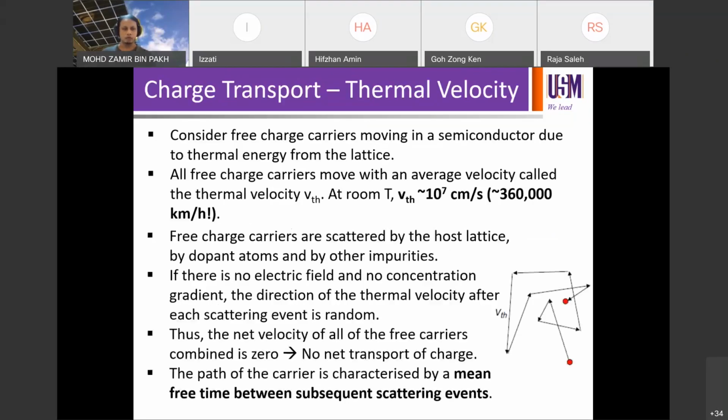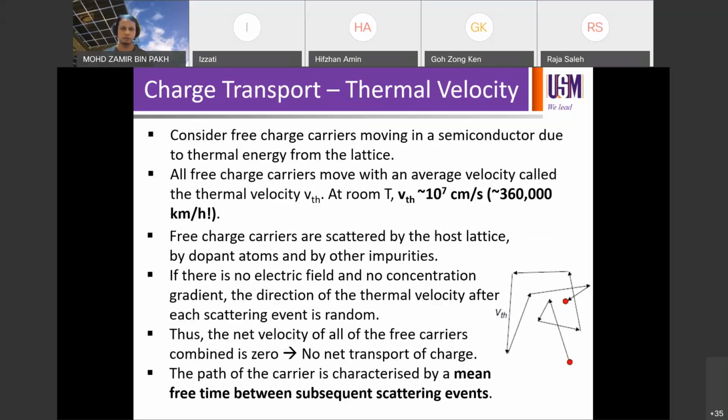So consider free charge carriers moving in a semiconductor due to thermal energy. By default, if you have a semiconductor material at some temperature, the carriers are always going to be associated with thermal energy from the lattice. All the free carriers move with an average velocity called thermal velocity.